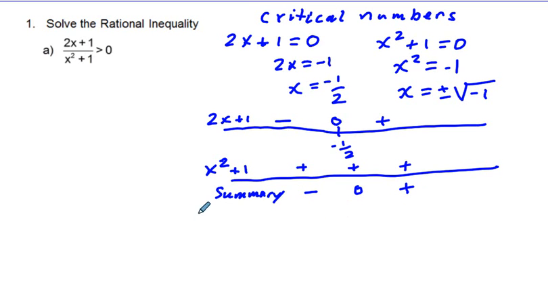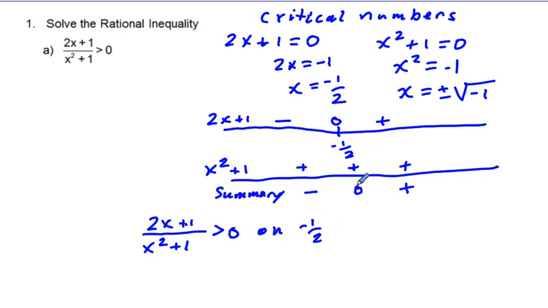And so now we are prepared to make a summary statement because we've done all the analysis to conclude what we need to conclude. So we have this inequality, 2x plus 1 over x squared plus 1 is greater than 0. We look for the summary statement where we have a plus sign, meaning greater than 0, to the right of negative 1/2.